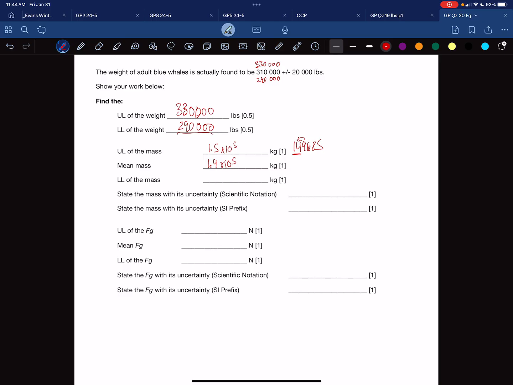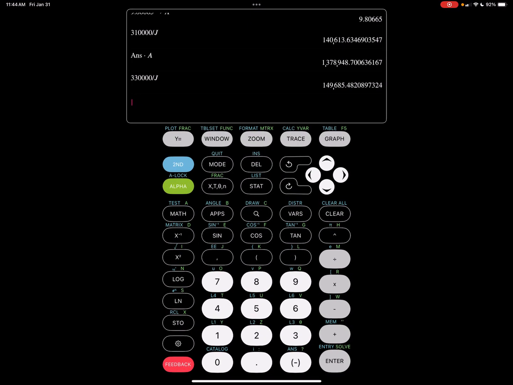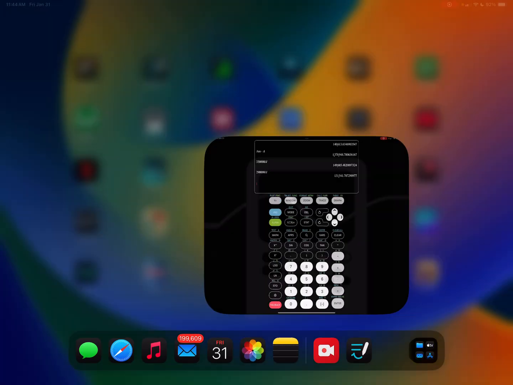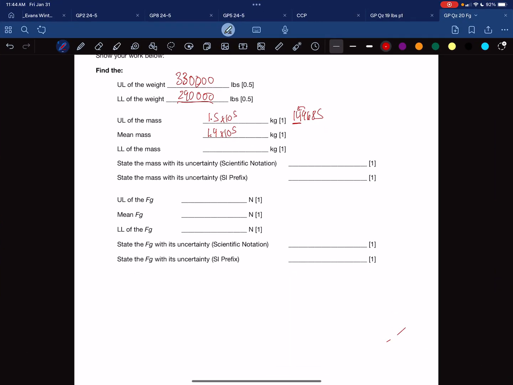And the lower limit was based on 290,000. Now we have 290,000 divided by alpha j. And that gives us 131,542. To 2 digits would be 1.3 times 10 to the 5th kilograms.